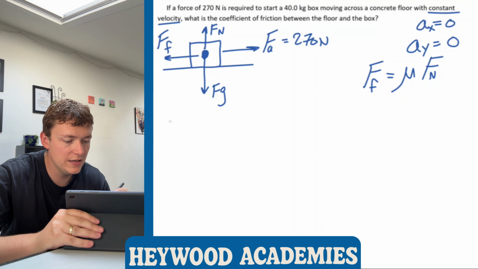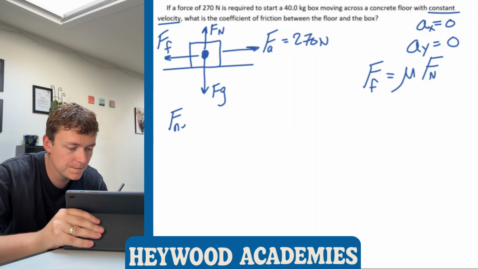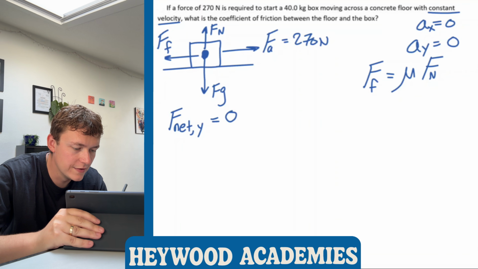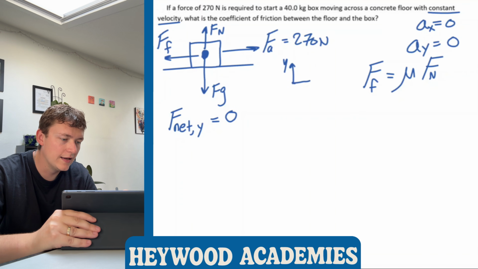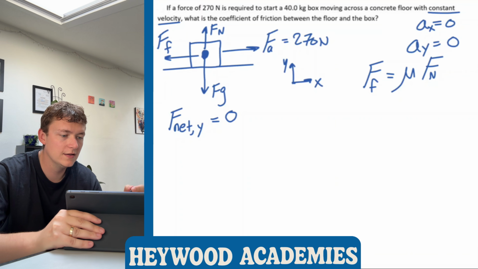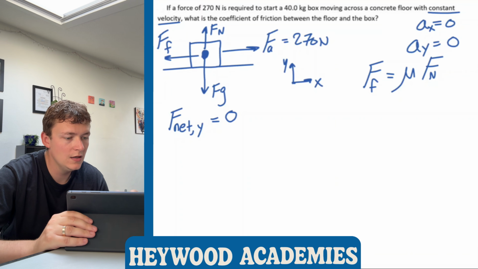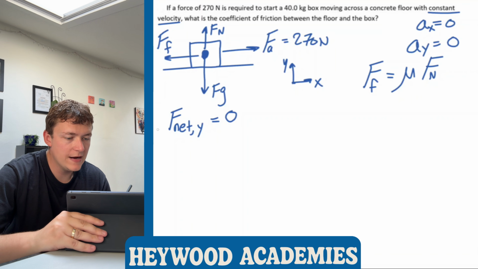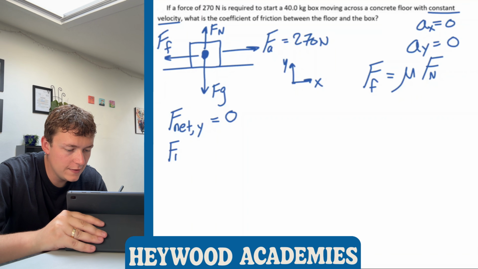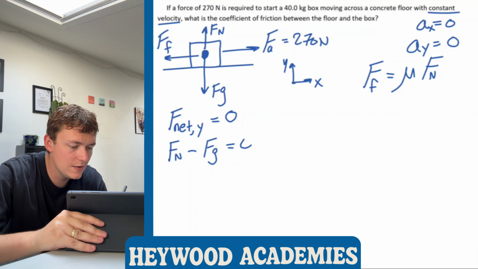So what we can do is we can say F net in the y direction is equal to 0. So we're doing the y as an up and down like this, and x as our horizontal like that, and those are our positive orientations for both of those. So for the y direction, we would have Fn, or normal force, going up minus the force of gravity equal to 0.